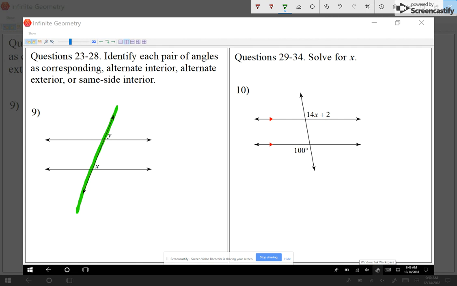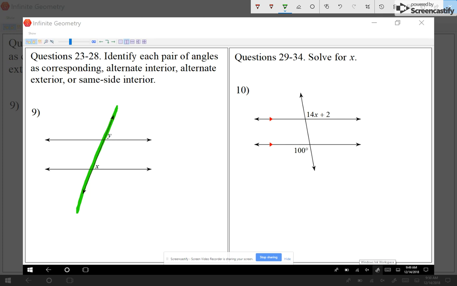I know that's not the case for number 9, but if they were on different sides of the transversal, we're talking about the alternates, either alternate interior, both of them are inside the parallel lines, or alternate exterior, both of them are outside of the lines. Kind of like if you look at number 10, those are alternate exterior. So those are the alternates.